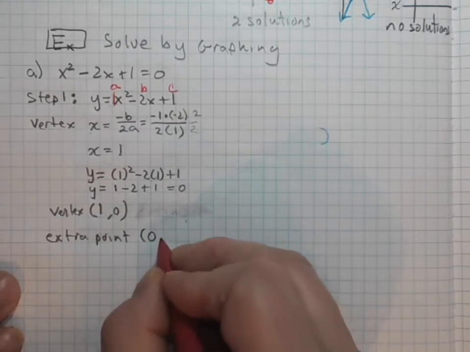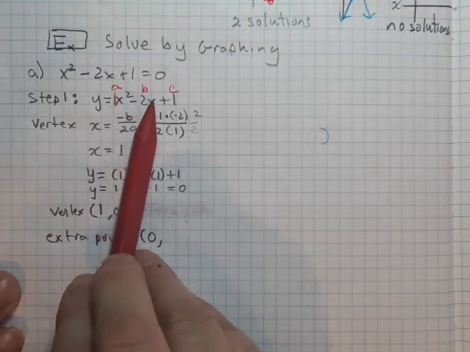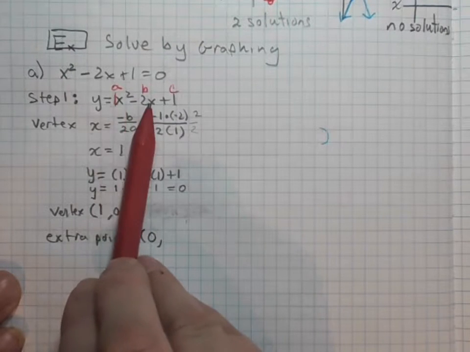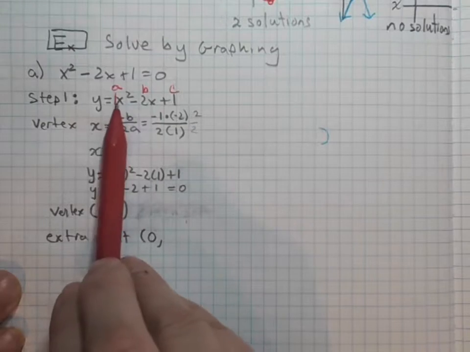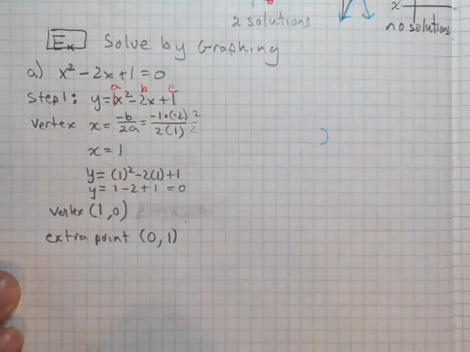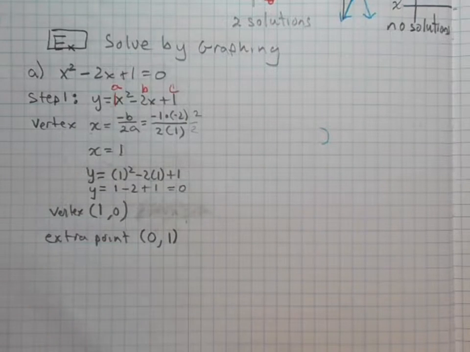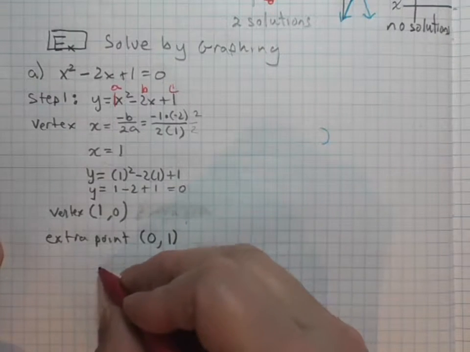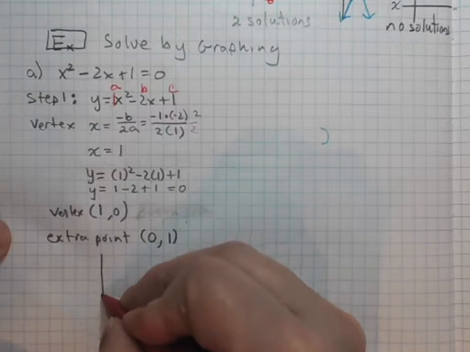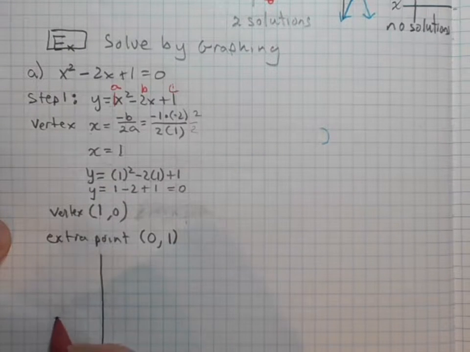So I let x be 0 and plug it back into the function. So 0 minus 2 times 0 plus 1. Well, all the x's would get zeroed out, so that's just 0 plus 1. So my y-coordinate is 1. All right, and so calculate that. You can make a table of values, and don't forget that parabolas are symmetric, so we're going to use that to our advantage. Okay, I'm going to draw this out. Here's my y-axis and my x-axis.